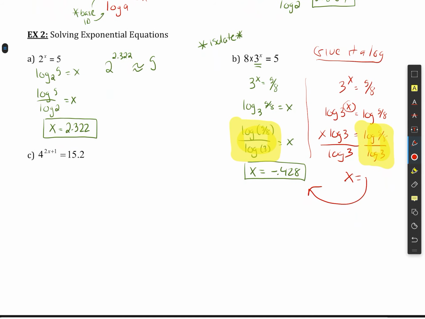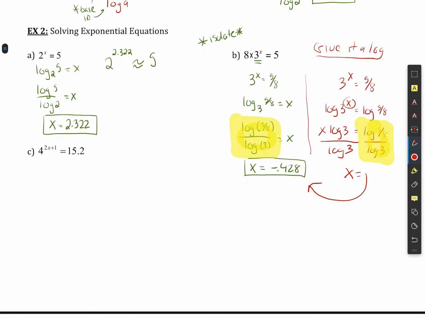All right, problem C. Again, you could do the give it a log or you convert. Does not matter which method you go with. In this situation, I think I'm going to go with the convert. Log base 4 of 15.2 equals 2x plus 1. Log 15.2 over log 4 equals 2x plus 1.